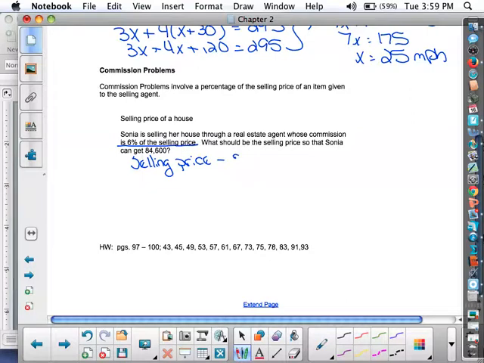So if we look at this, we have the selling price minus the realtor's commission will be equal to Sonia's share. We know that we are looking for the selling price, so let x equal the selling price.